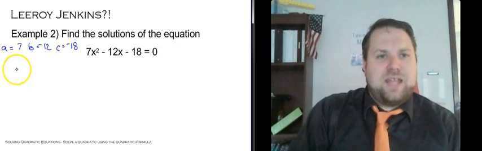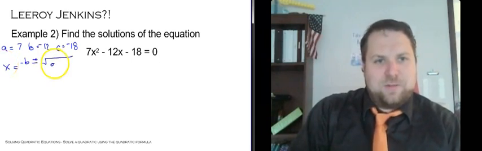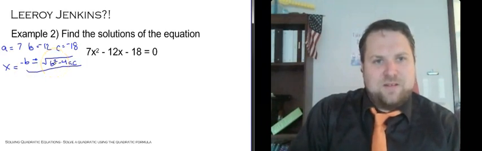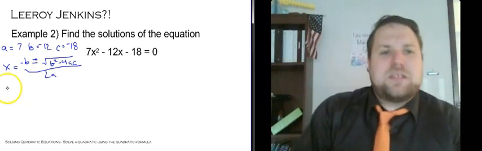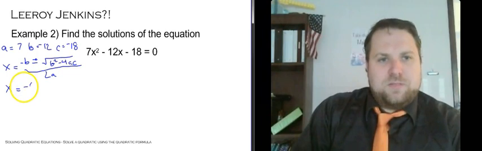So what I'm going to do now is write first the quadratic formula in all its glory. Remember, I'm writing this down each time to help me memorize it. Then the next thing I want to do is substitute in those values using parentheses.